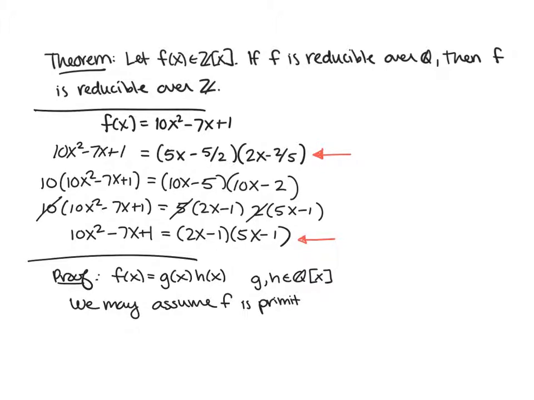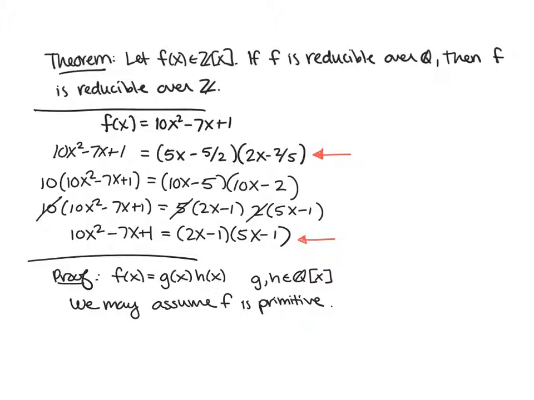Because if it were not primitive, we could just factor that common factor out of f and then also factor it out of g and then just cancel it out. Since g and h are defined over a field, you can factor any number out even if it's not there. It will just potentially produce some denominators. So we can assume f is primitive, otherwise just factor out and cancel from both sides that common factor.